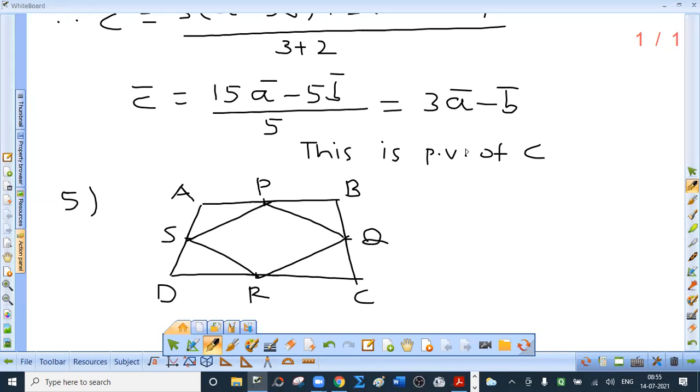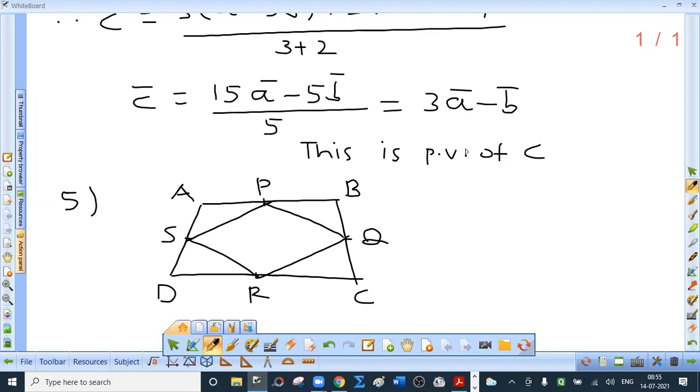Let ABCD be a quadrilateral and PQRS, all capital letters, P, Q, R, S, be the midpoints of the sides AB, BC, CD and DA respectively. Now use small letters.